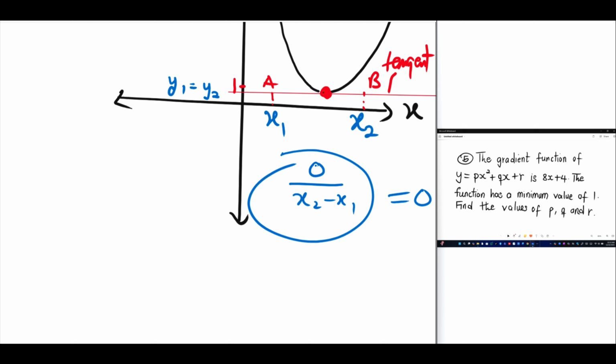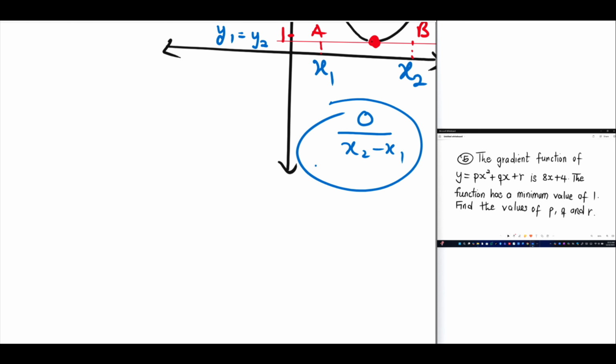So anytime you have a curve and a tangent to the curve at the turning point, the gradient of the tangent is equal to 0. And since the gradient of a tangent is the same as the gradient of the curve at the point where it touches the curve, the gradient of the curve is also equal to 0 at that particular point.